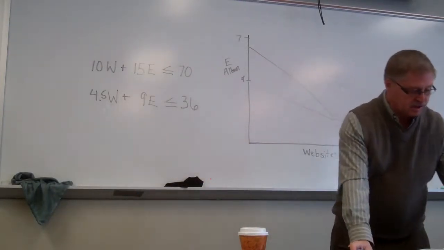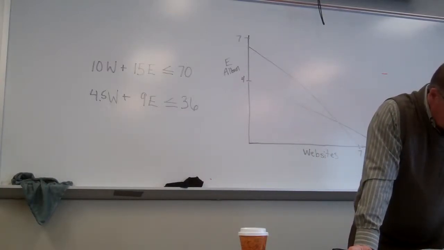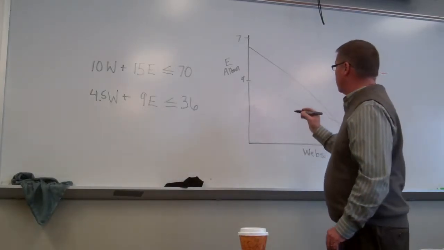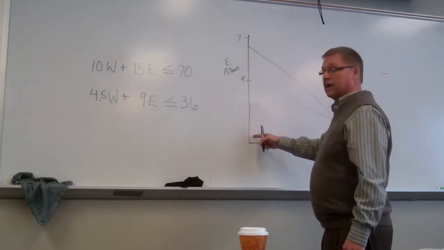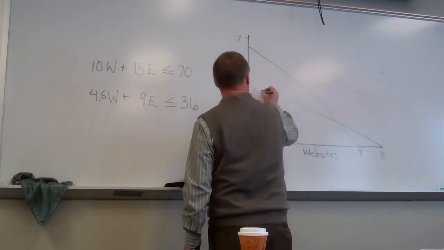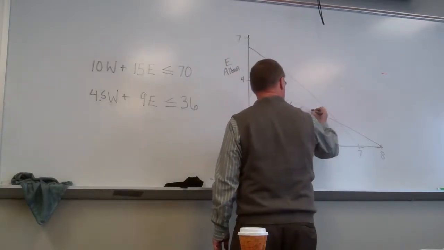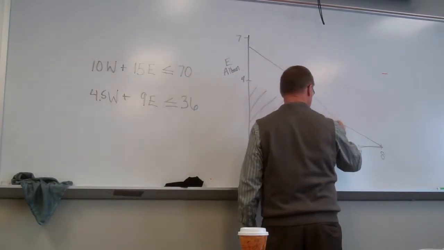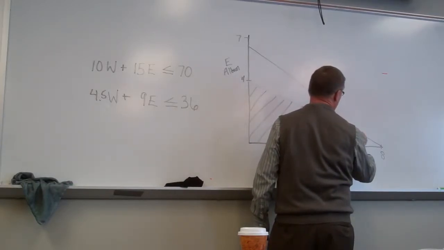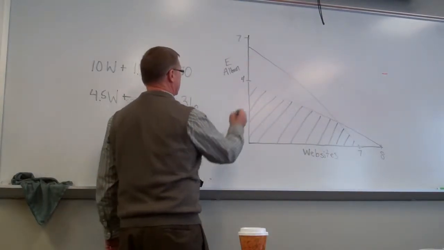Any other restrictions? All right, we're going to assume we can't do negative of anything. So I'm just going to shade in this area. I think that will be our double shaded area.